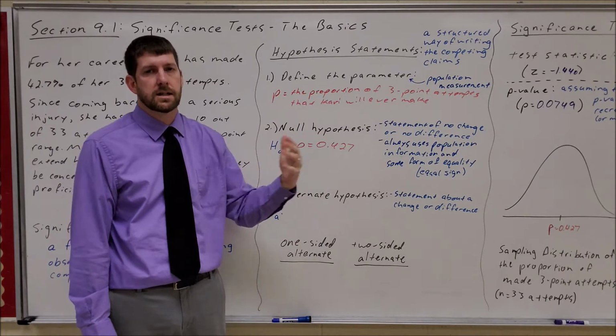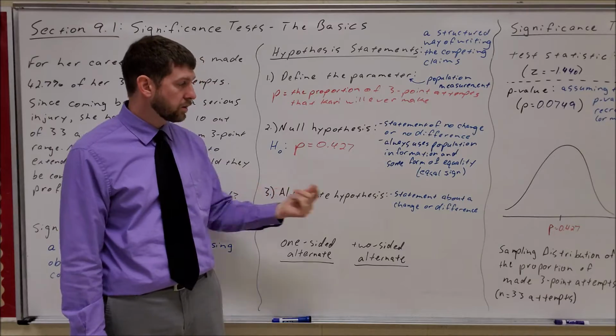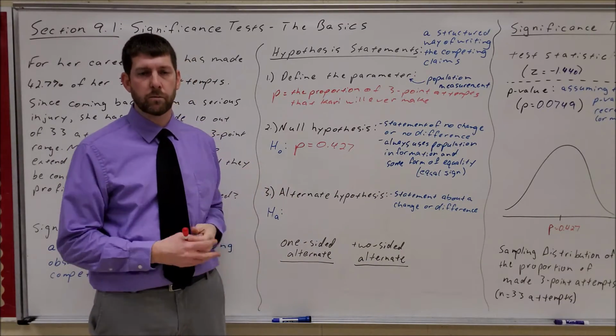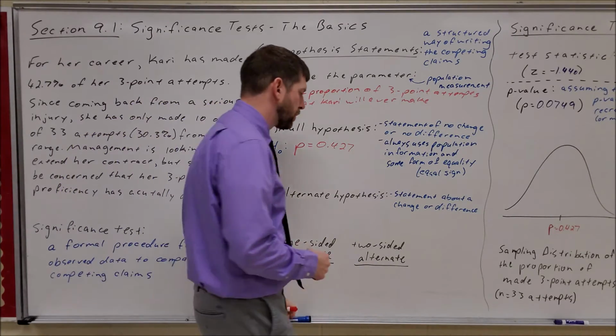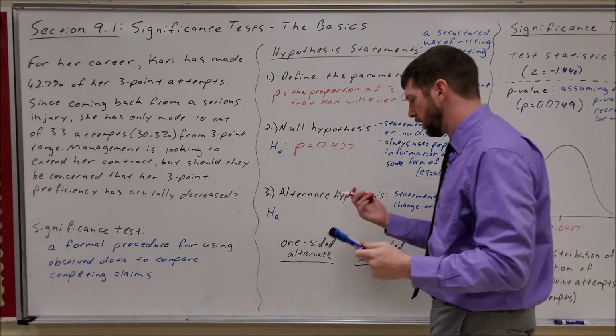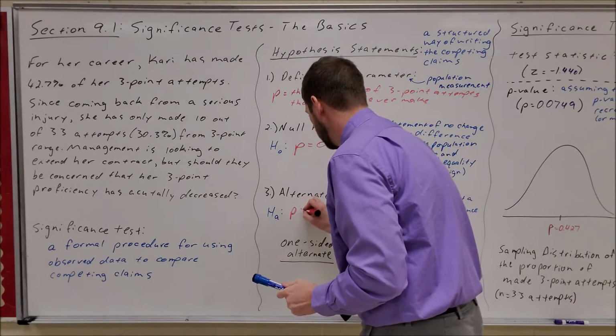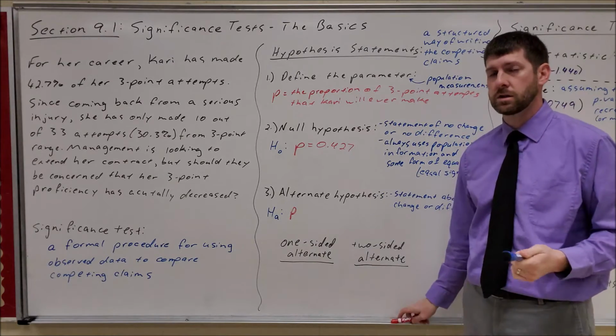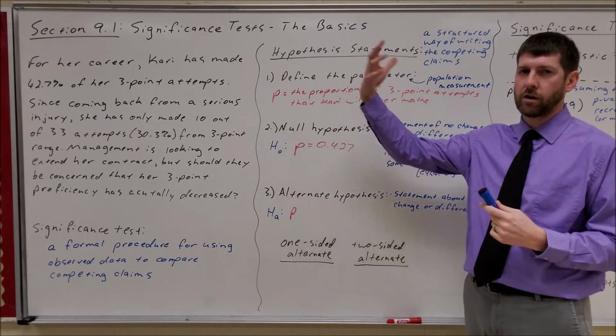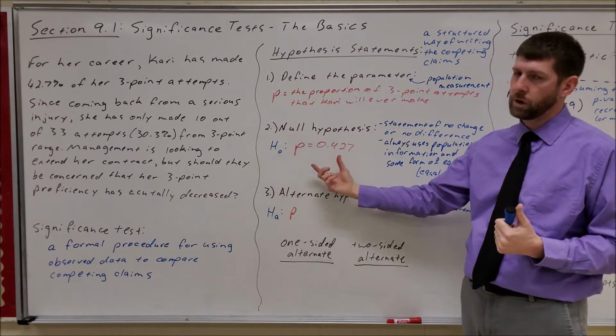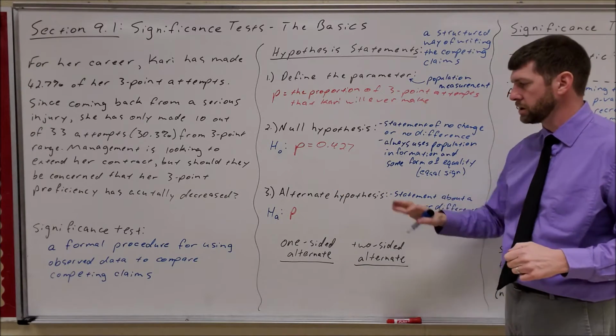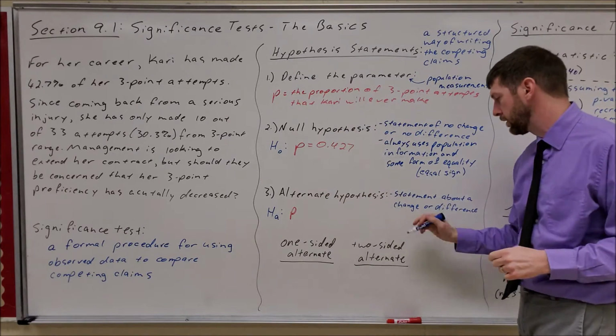Now the alternate is the other claim. The alternate is a statement about a change or about a difference. When we're working these, you're still working off of population information. We're going to compare our sample or our study to what we expect to be going on in the population, but our statements need to be about the population.